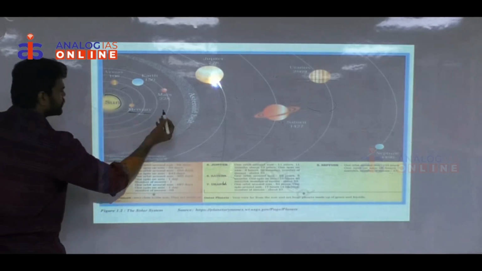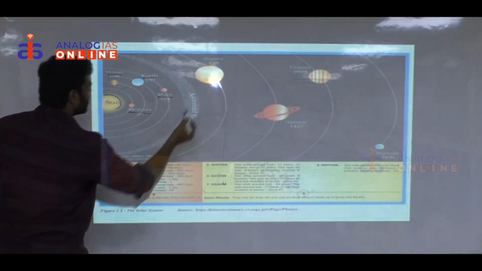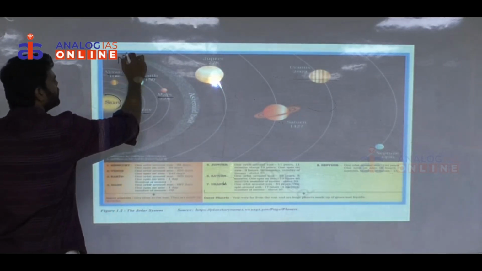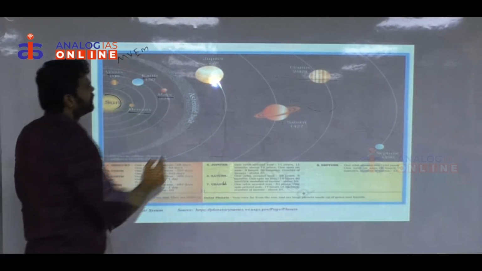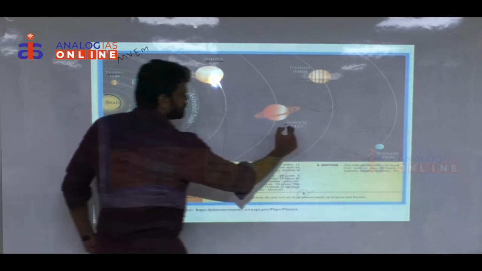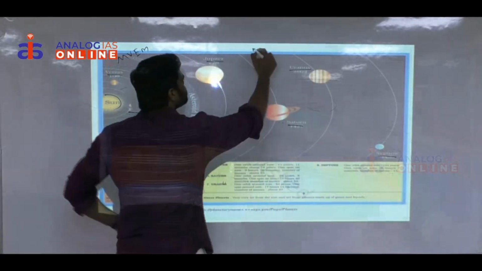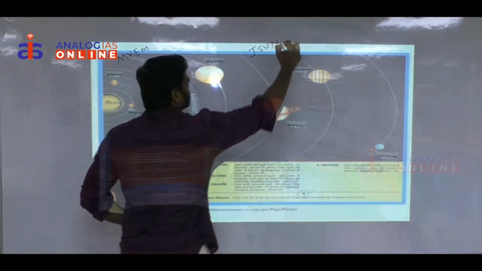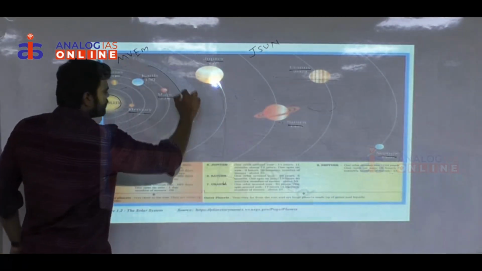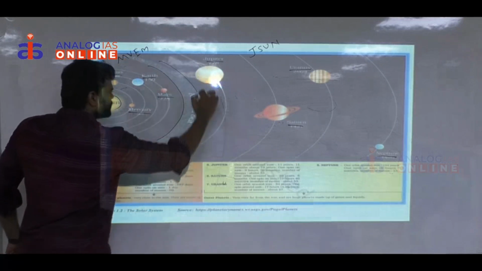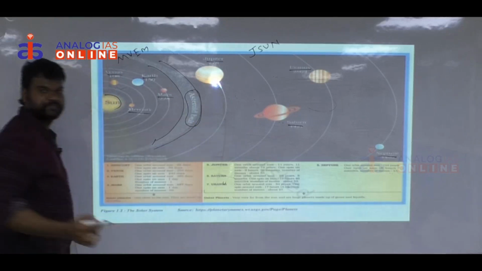Initially you have Mercury, next Venus, next Earth, next Mars. M-V-E-M. Abbreviation is very important. Next you have Jupiter, Saturn, Uranus and Neptune. J-S-U-N. In between the both, you have a belt which is comprised of rock debris called the asteroid belt.